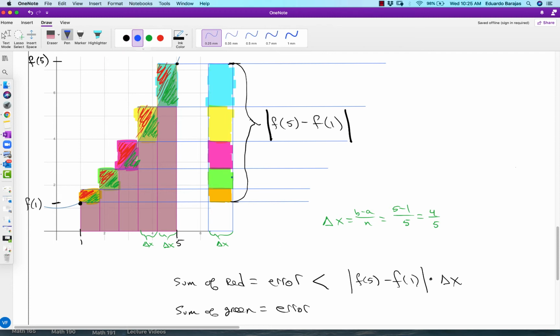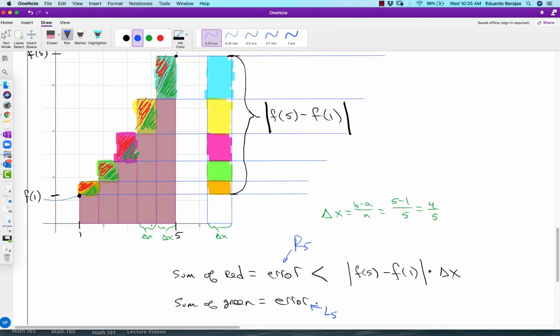So I'll put the error evaluated under R sub 5 when we're using the right-hand rule. We overestimated and we got all those red areas. And then when we used L sub 5, then we got this error. And in both cases, as we can see from the picture, the sum of the green ones is definitely less than the sum of all these highlighted rectangles here, which is going to have an area of |f(5) - f(1)| times delta x.